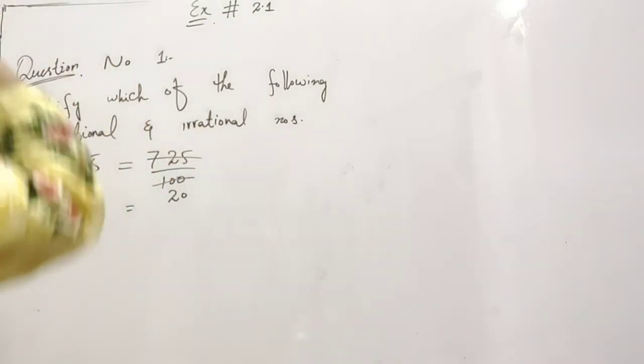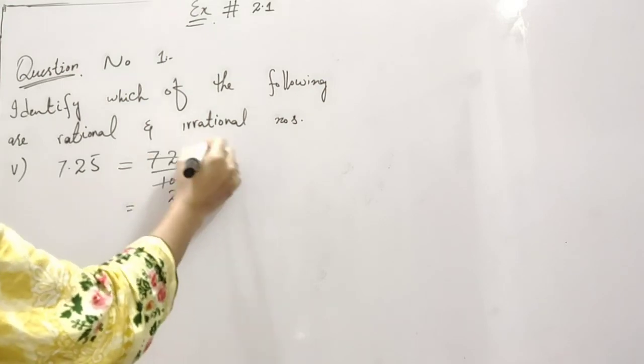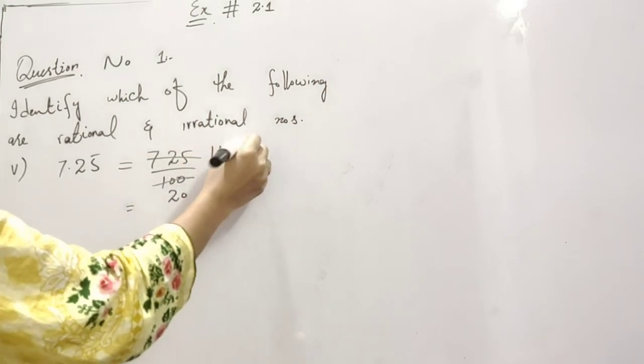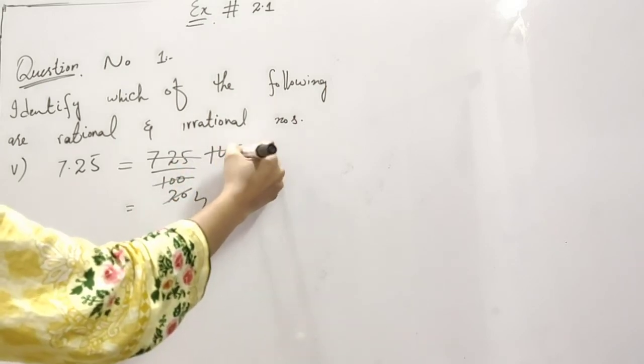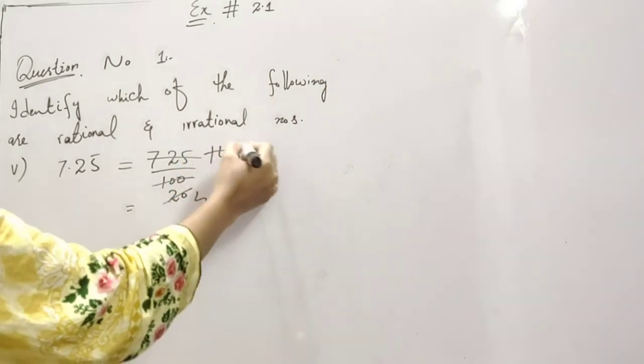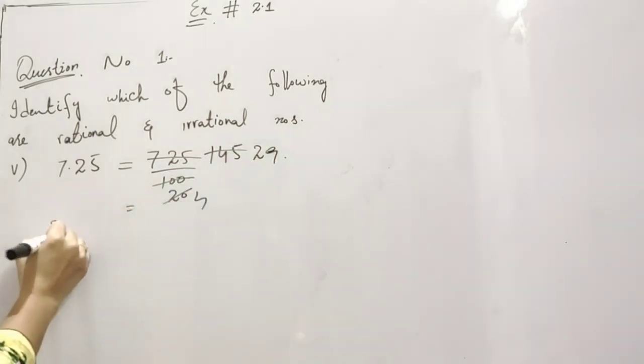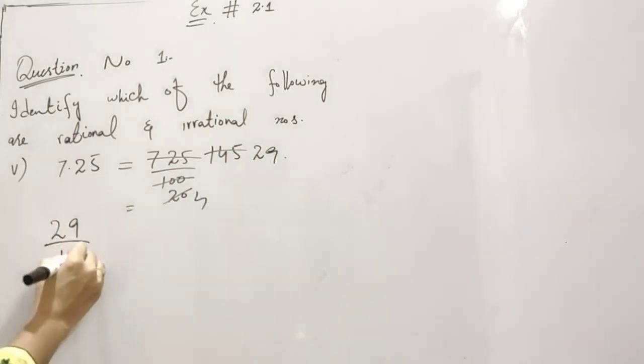We cancel it with 25. So it is 29 over 4.